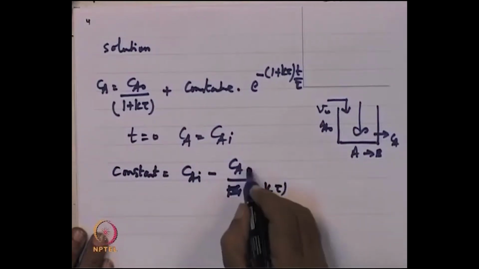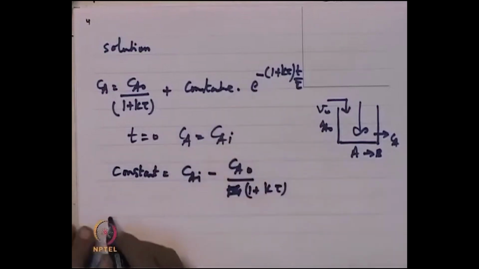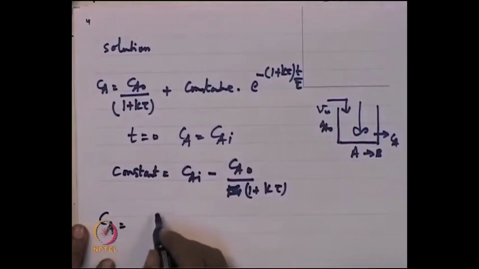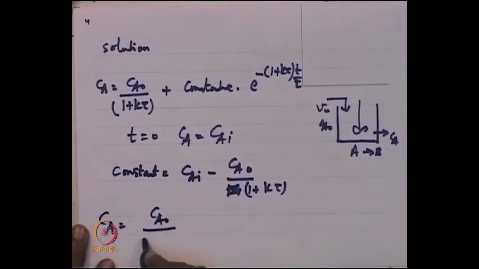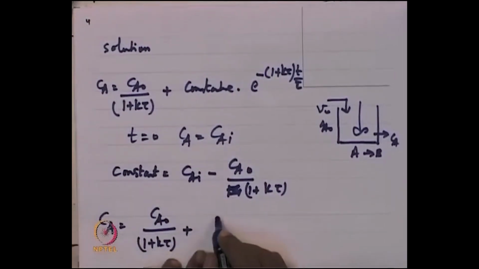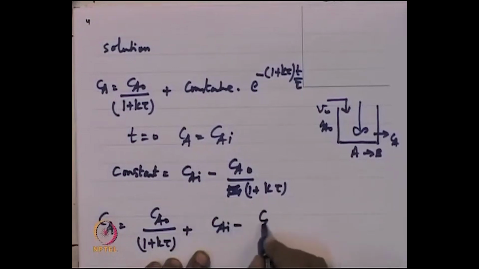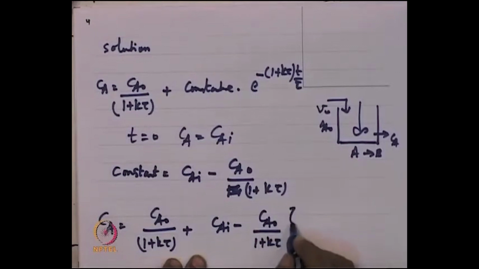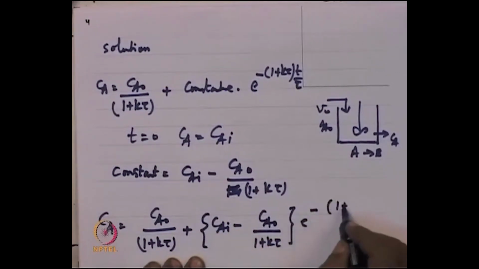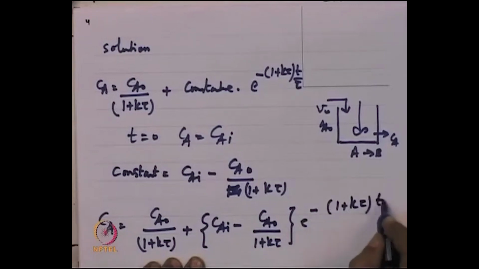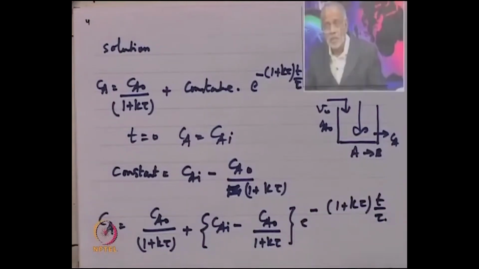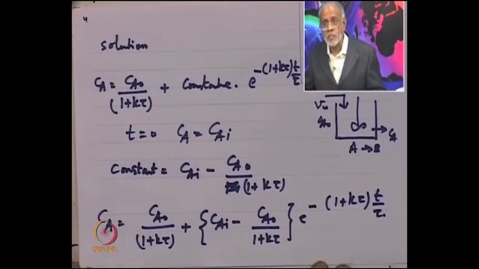Substituting, the solution becomes C A equals C A naught divided by 1 plus k tau, plus C A I minus C A naught by 1 plus k tau, multiplied by e raised to the power of minus 1 plus k tau multiplied by t by tau. So, this is the solution to the case of a startup of a stirred tank.